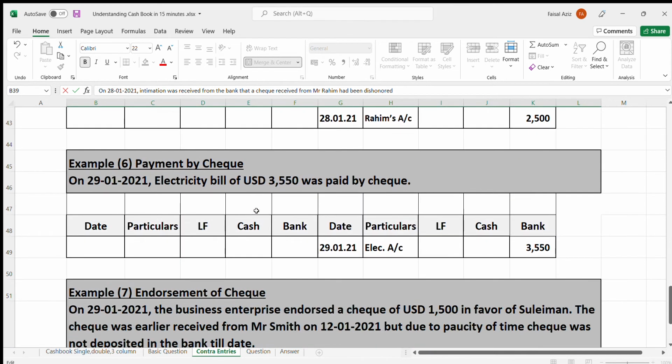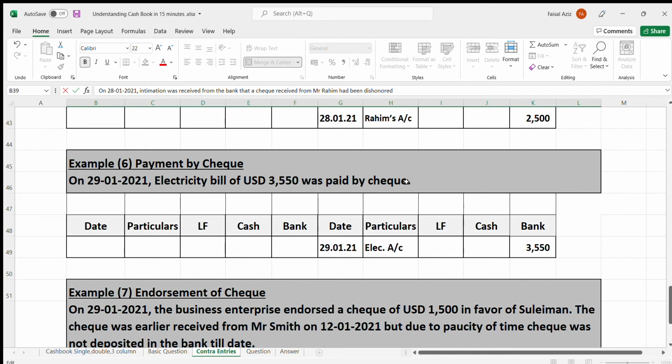The next example is number 6, payment by check. On 29th of January 2021, an electricity bill of US dollar 3,550 was paid by check. In this transaction we can simply record this cash outflow.